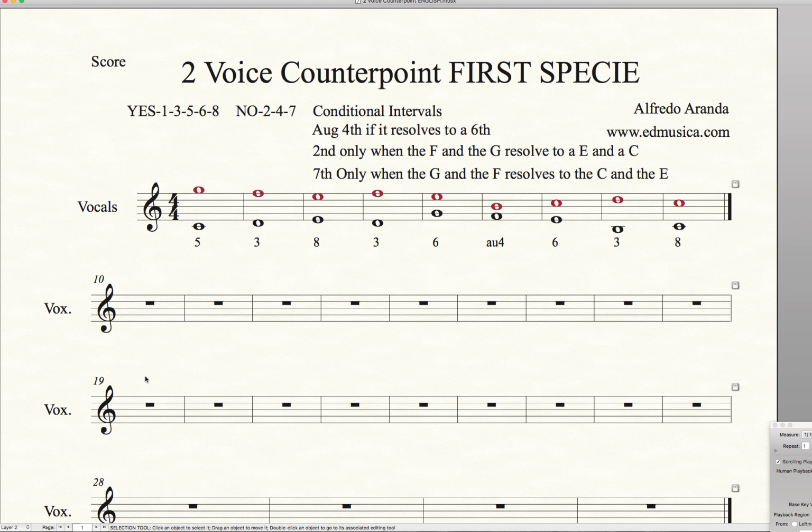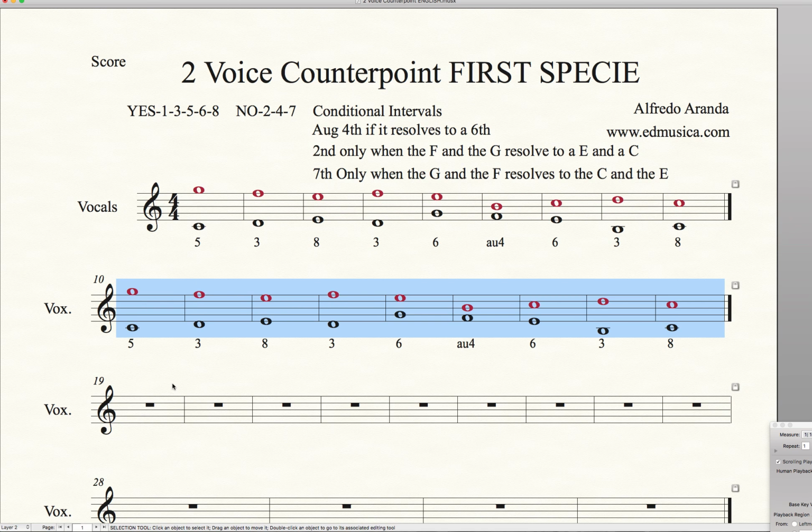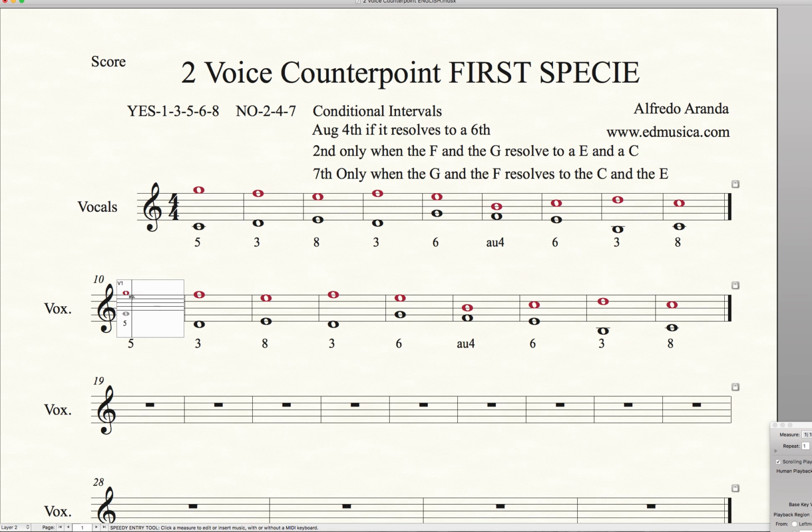I'm going to copy this same cantus firmus right here. I want to put it right here. But I'm going to change the top voice. I'm going to start with other notes, because I want you to see different possibilities.